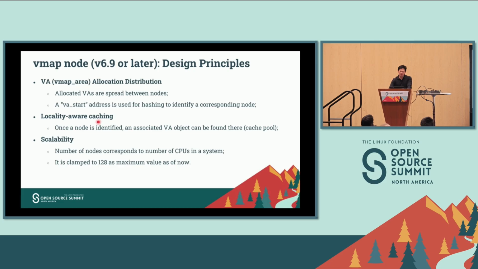For locality-aware caching, once a node is identified, the associated VA object can be retrieved from its cache pool, and this cache pool manages recently freed objects for reuse. For scalability, the number of nodes generally matches the number of CPUs in a system. However, it is kept to an upper limit of 128.